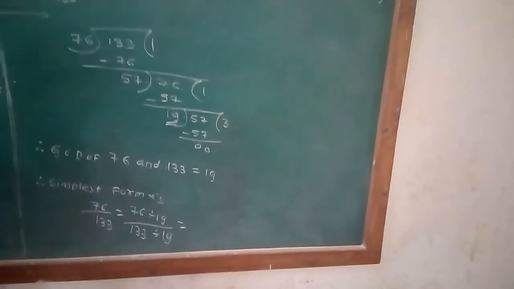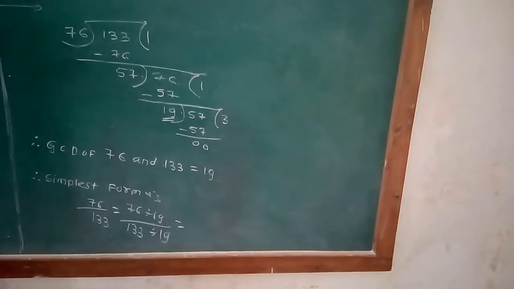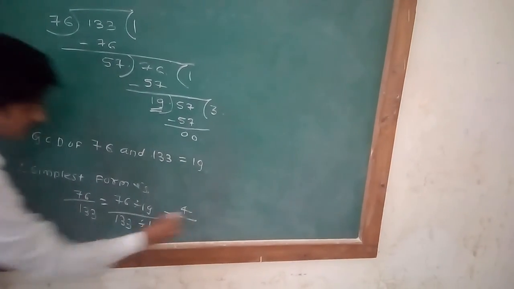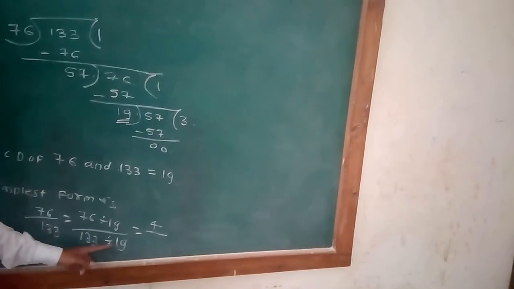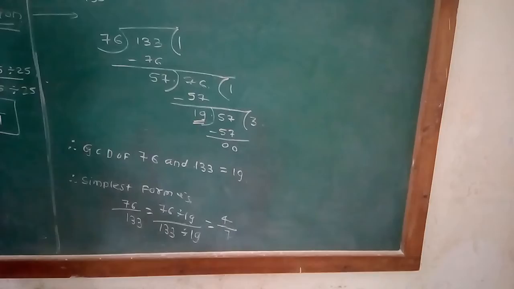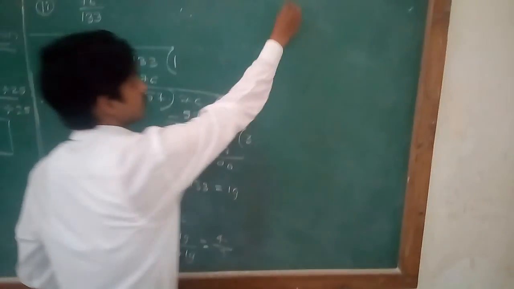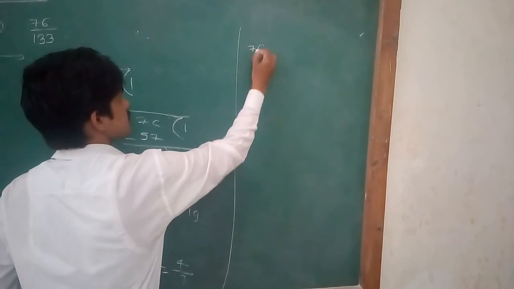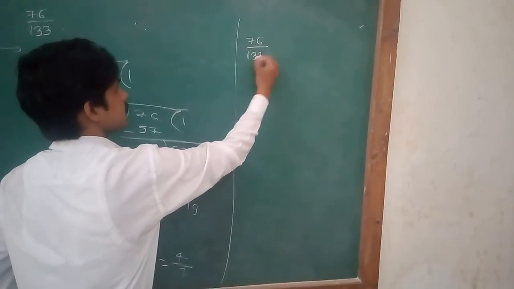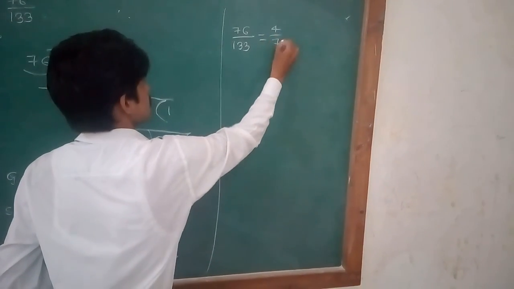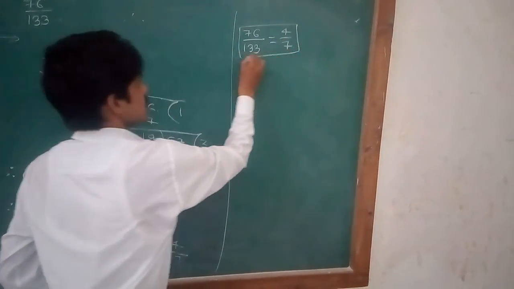By dividing, 76 by 19 we get 4 and 133 by 19 we get 7. Therefore the simplest form of 76 upon 133 is 4 upon 7.